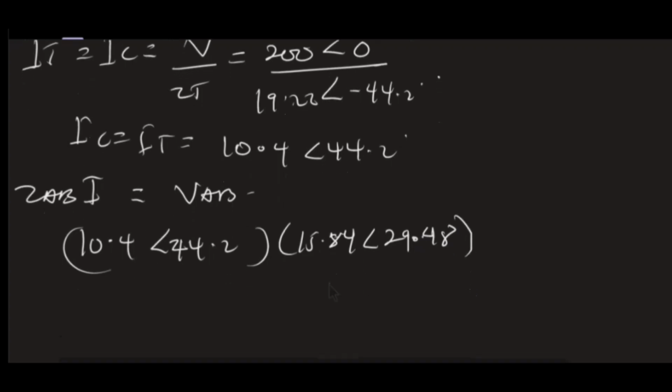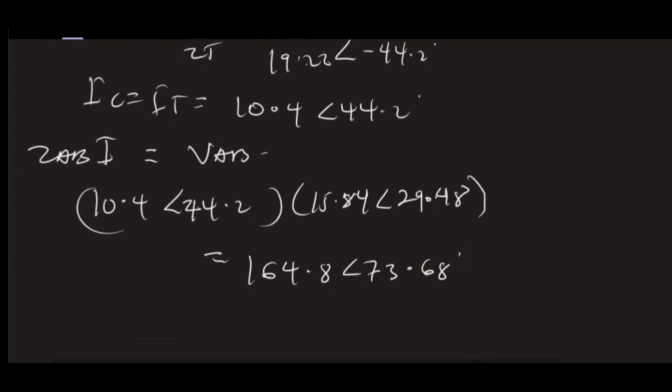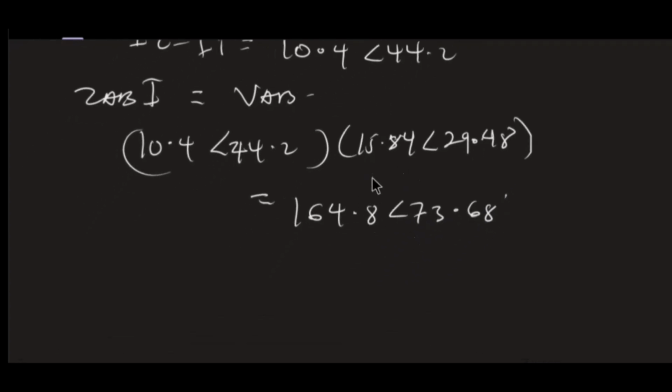So once I have this, it is simply going to give me 164.8 angle 73.68 degrees. So this is just a simple multiplication. You can do it on your calculator. And you know the trick here: when you multiply, you multiply the magnitudes, then you just add the angles.